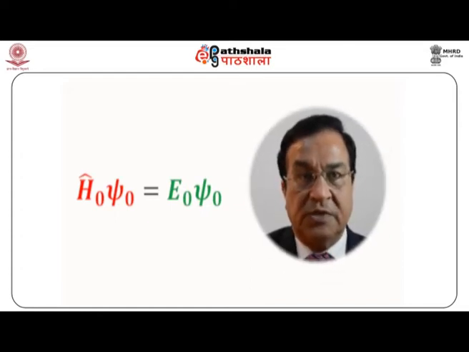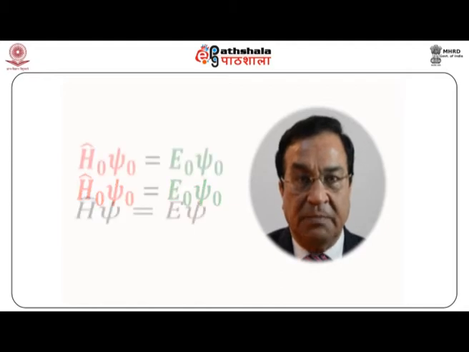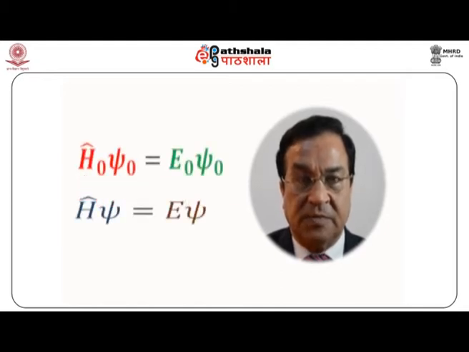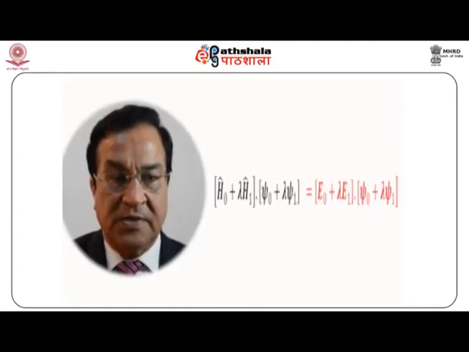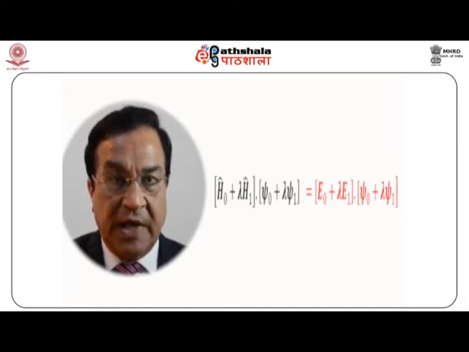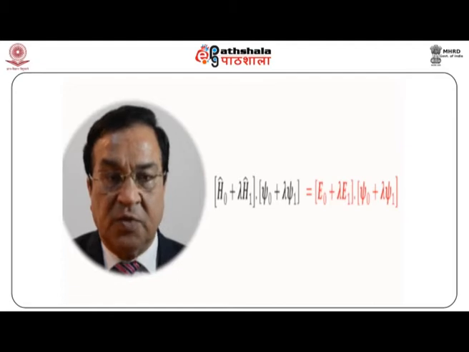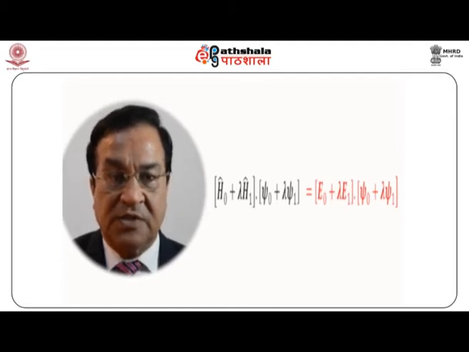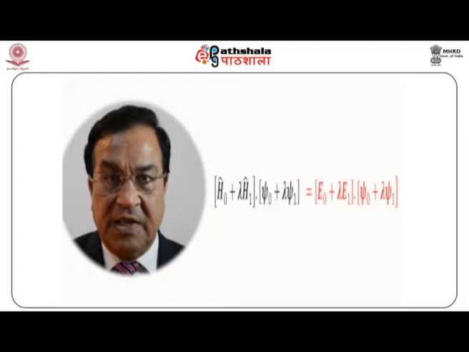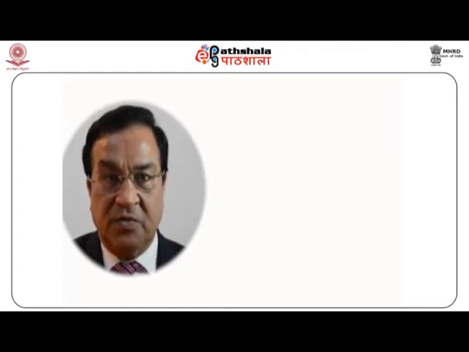If this equation is put in the main Schrodinger equation for the system, which is Hψ is equal to Eψ, then this equation 5 becomes correspondingly, as you can see here, (H0 plus λH1)(ψ0 plus λψ1) equals (E0 plus λE1)(ψ0 plus λψ1).